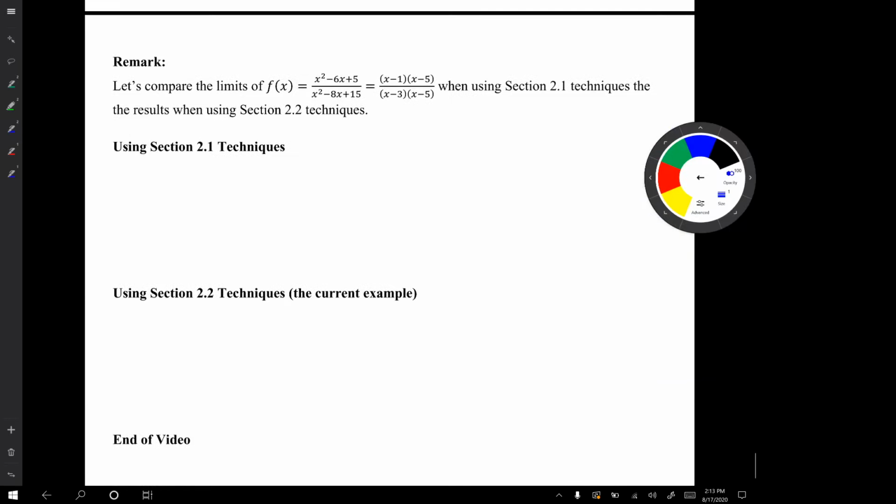Let's compare the limits of our function, f of x, this rational function, using section 2.1 techniques versus using section 2.2 techniques.